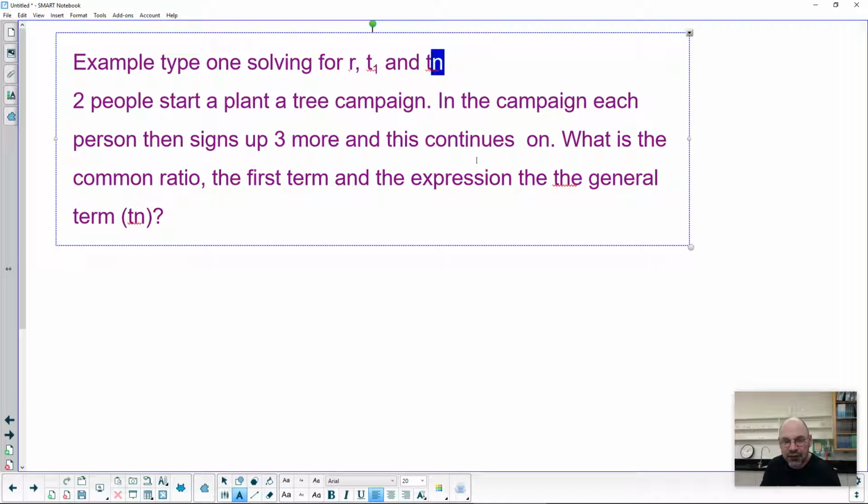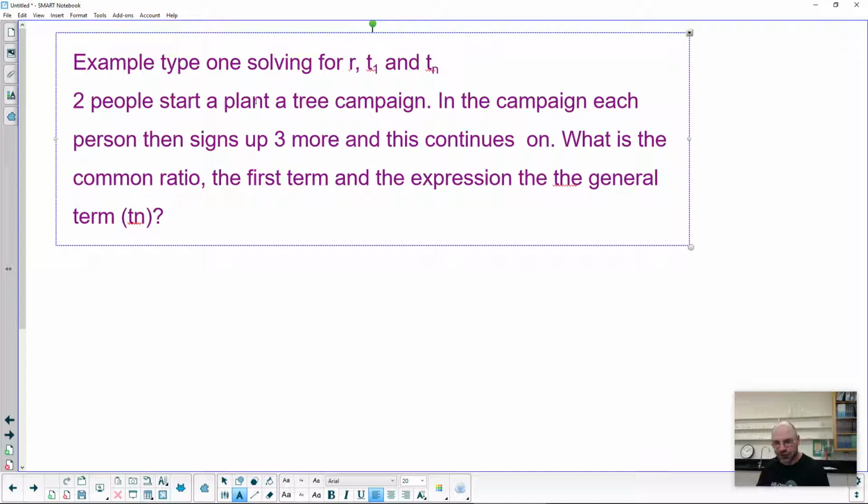So the first example, type 1, is solving for R, T1, and Tn. Okay, so it's: 2 people start a plant-the-tree campaign. In the campaign, each person then signs up 3 more people and continues on. What is the common ratio, the first term, and the expression of the general term?